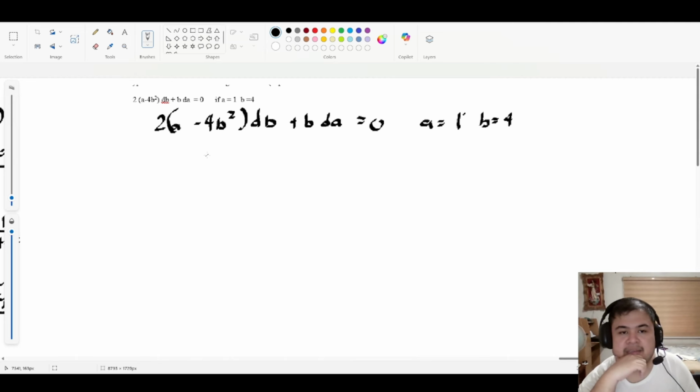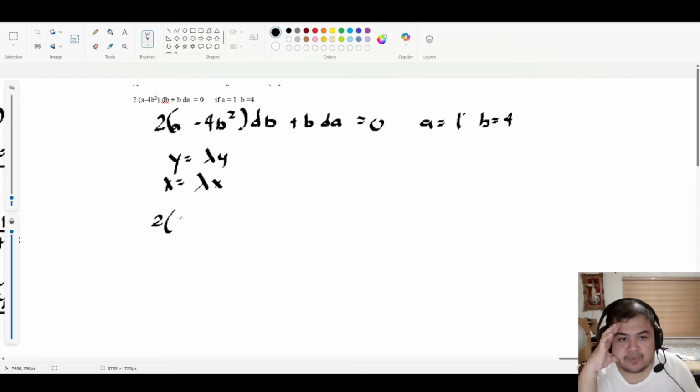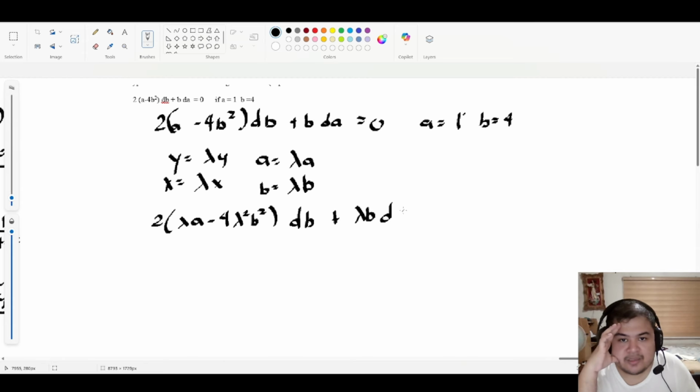How about let's try with homogeneous. Is it homogeneous if we let a is equal to lambda a, b is equal to lambda b? Now, because we were using a different variable, lambda a minus lambda squared b squared, d lambda b, plus lambda b, d lambda a is equal to 0.